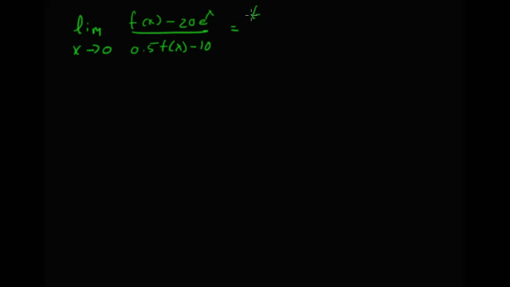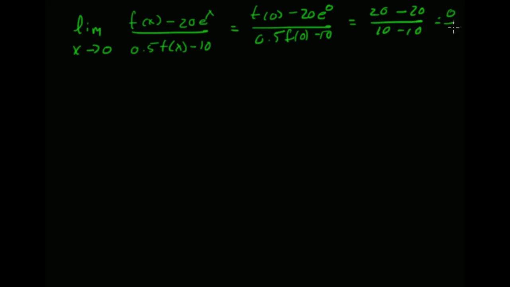Well, this is the same as f of 0 minus 20 e to the 0 over 0.5 times f of 0 minus 10. F of 0 is 20. E to the 0 is 1. Half of 20 is 10. Minus 10 gives me 0 over 0. So the conditions of L'Hopital's rule have been met.